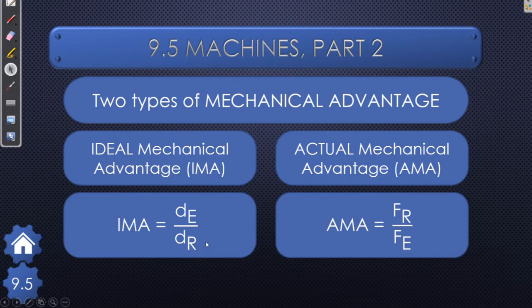This is what we learned yesterday in Lesson 9.4. If you do not recognize these terms, then you should definitely go back to 9.4, rewatch that video, and then come join us here again. The actual mechanical advantage is equal to the resistance force divided by the effort force. And again, these terms come from Lesson 9.4.